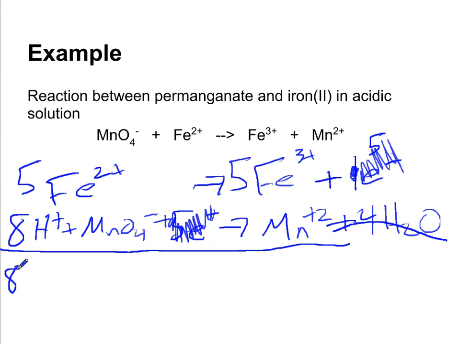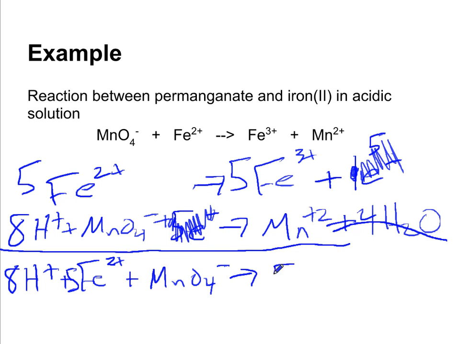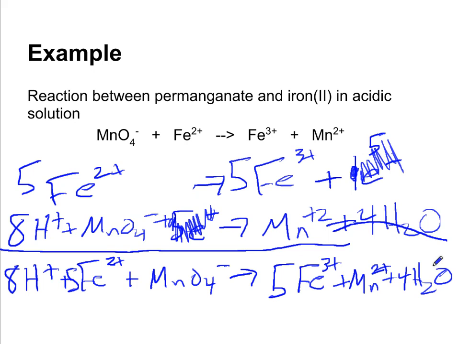We've got our 8 hydrogens plus 5 iron +2 ions plus the permanganate ion, and that's going to yield 5 iron +3 ions plus the manganese +2 ion plus 4 water molecules. It was a lot of work, but that is our balanced redox reaction that took place in acidic solution.